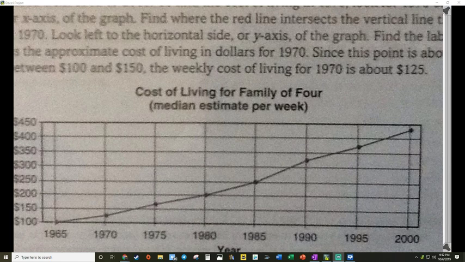Then we subtract each year's cost of living from the cost during the following 5-year period. For example, from 1965 to 1970, 1970 is around 125 and 1965 is 100, so 125 minus 100 is $25.